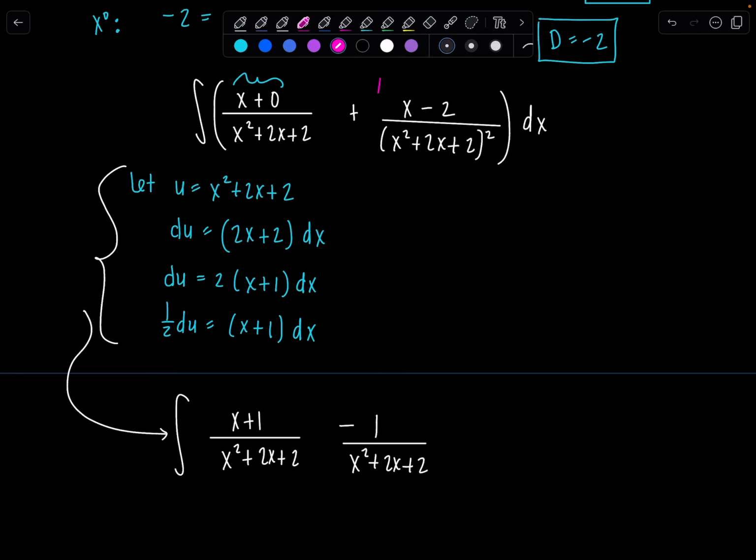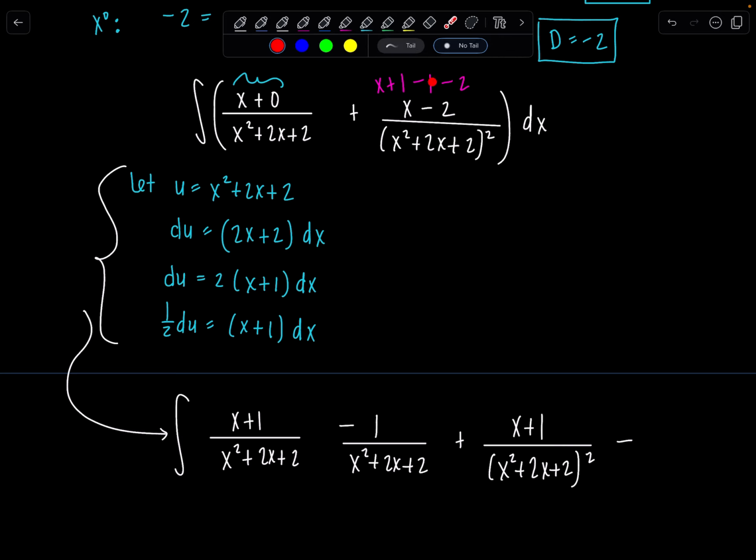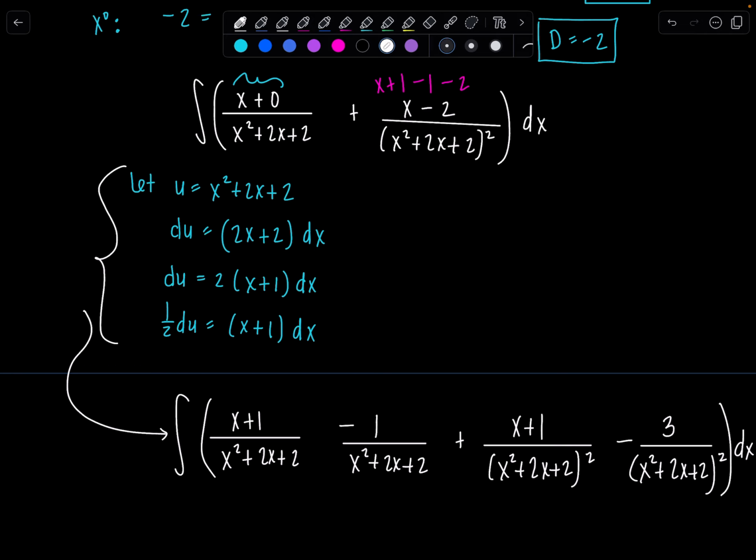So if I make it x plus 1 minus 1, and then I still have minus 2, that's going to get regrouped into the following: plus x plus 1 over x squared plus 2x plus 2 squared, minus, and now this minus 1 and minus 2 gives me a 3 over x squared plus 2x plus 2 squared dx. Okay, so these are the 4 little integrals that I'm going to work on.